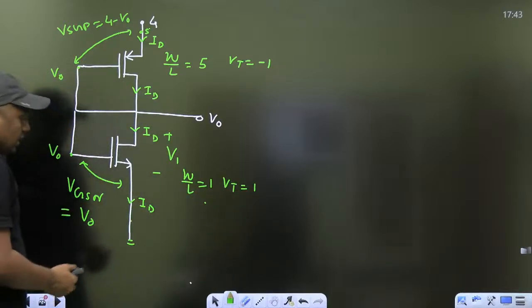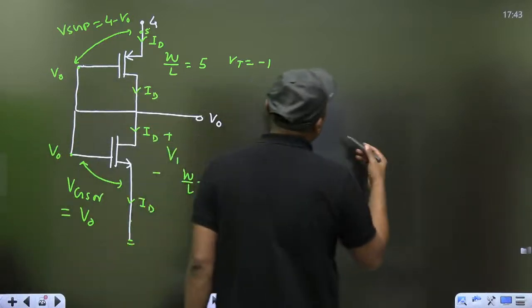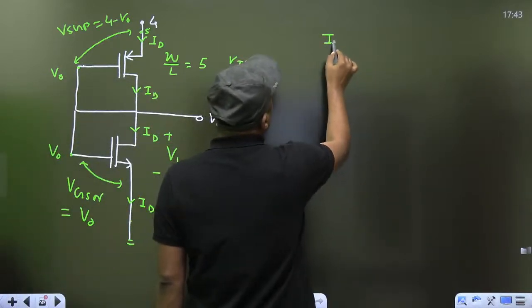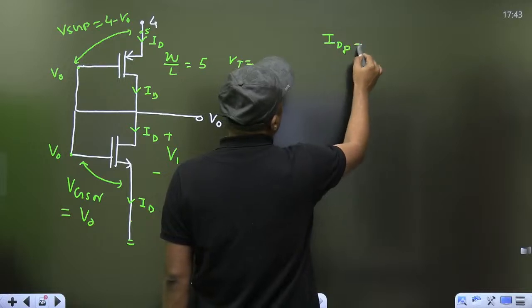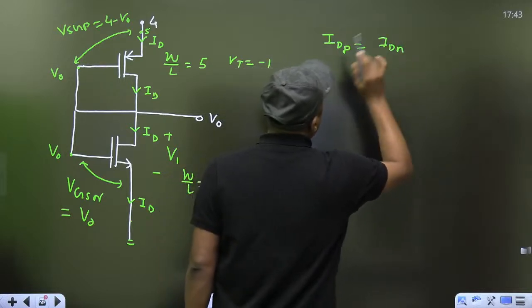Okay, then simply because they have the same current and they both are in saturation, the current through the PMOSFET is equal to the current through the NMOSFET. What is the current?